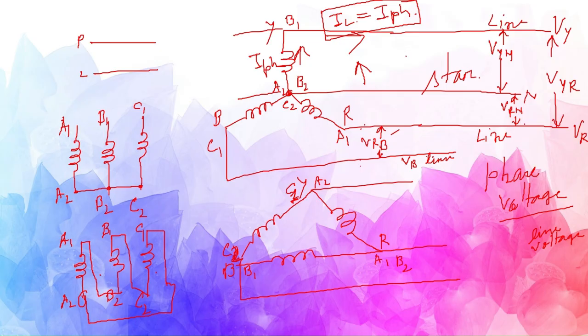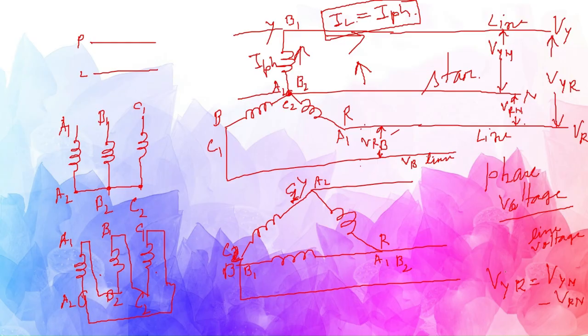But you can see that this voltage, this line voltage VYR, is not equal to VYN or VRN. In fact, let me write it here, VYR equal to VYN minus VRN.